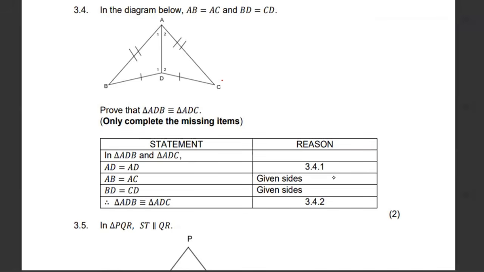So we're saying that AD is the same as AD. The reason is common. AB is the same as AC. That is given. Then BD is CD, given. Therefore, these two triangles are congruent because we're looking at side.